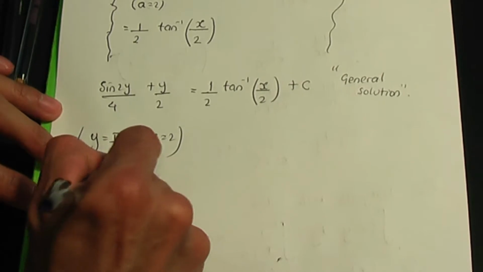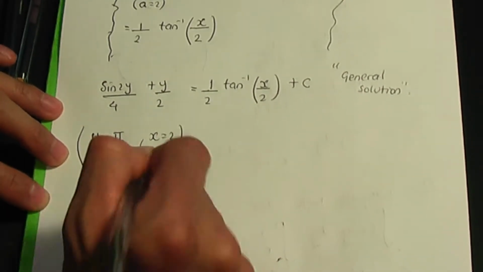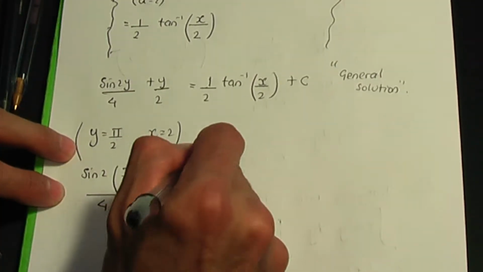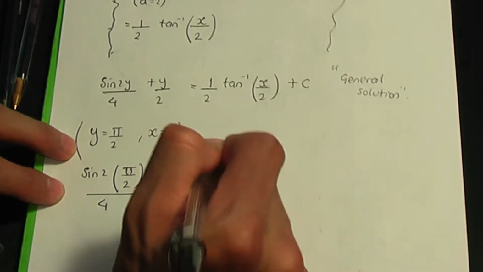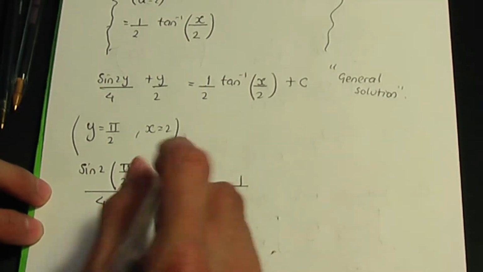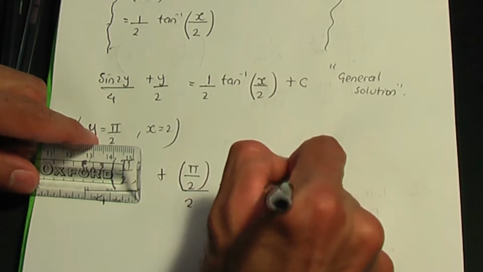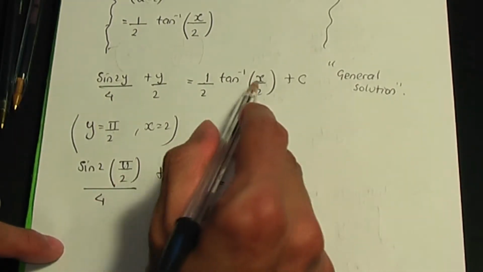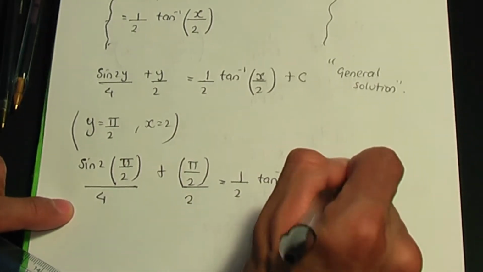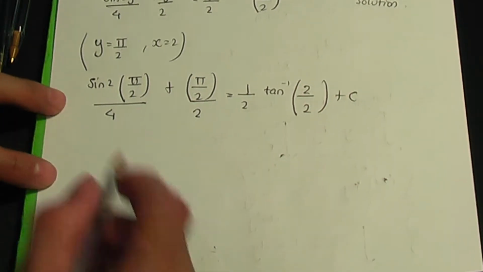So we're going to have sine 2 of y, which is pi over 2, divided by 4, plus the y, which is pi over 2, divided by 2, and that is equal to 1 over 2 on the right hand side, tan inverse x, which is 2, over 2 add c. So we can make some cancellations here.